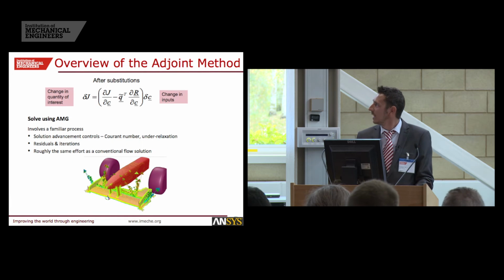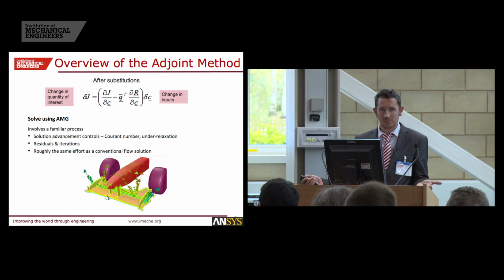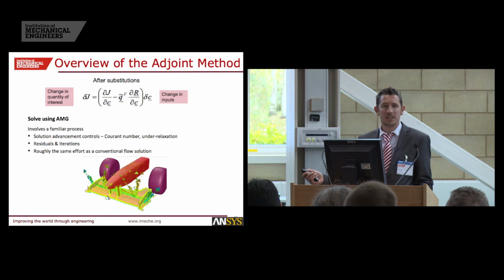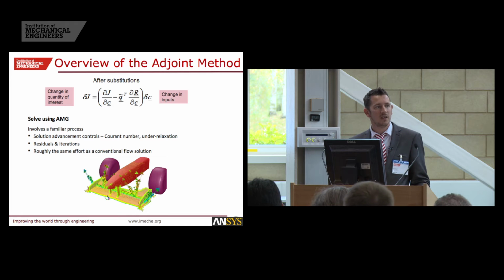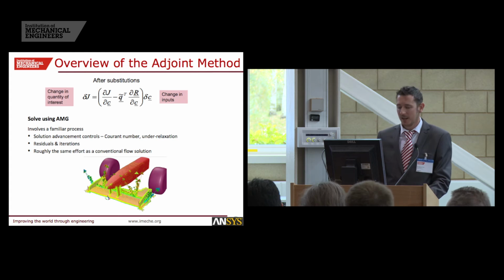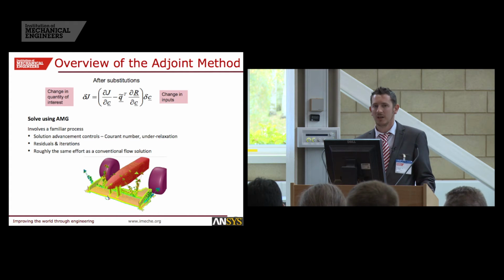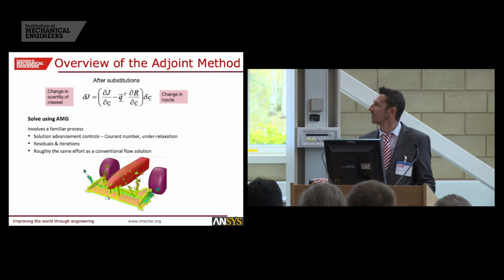So ultimately, what we're left with is a characteristic equation here which relates the change in the quantity of interest, i.e. drag, to change in particular inputs. And this is the heart of the adjoint solver which has been implemented. And it bears a lot of resemblance to the standard CFD solver characteristics in terms of the fact that it uses an AMG multi-grid solver.